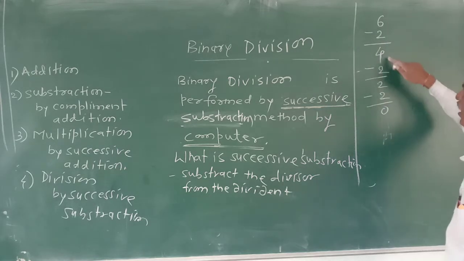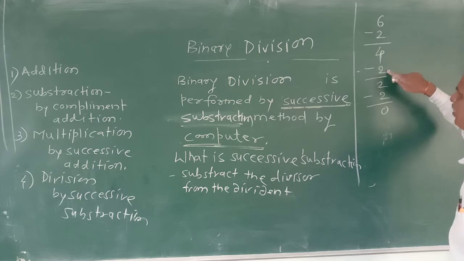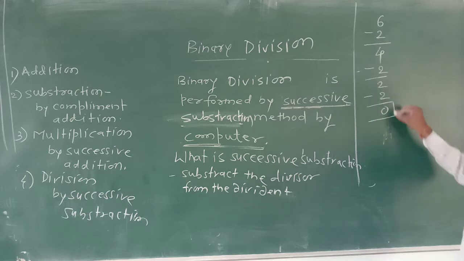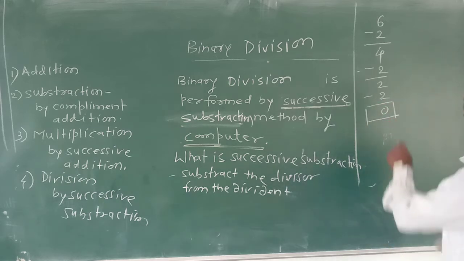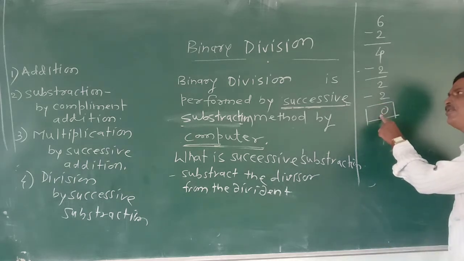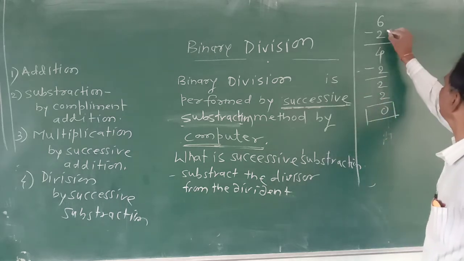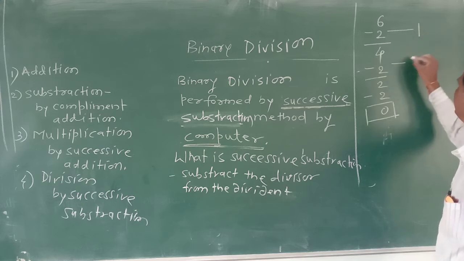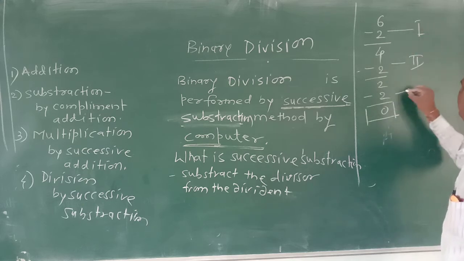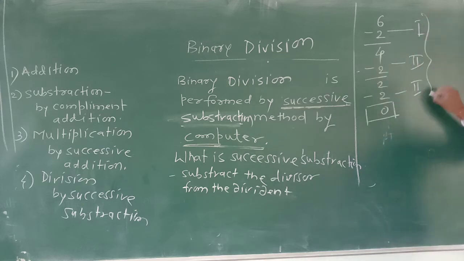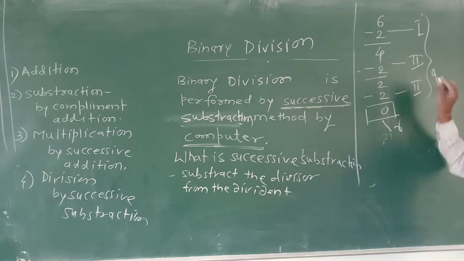Answer is 4. Again subtract the divisor from the answer. So when it becomes 0 or the result of subtraction is less than the divisor, then stop. How many times have we done it? First, second, and this is third. So this is called the quotient and this one is called the remainder.